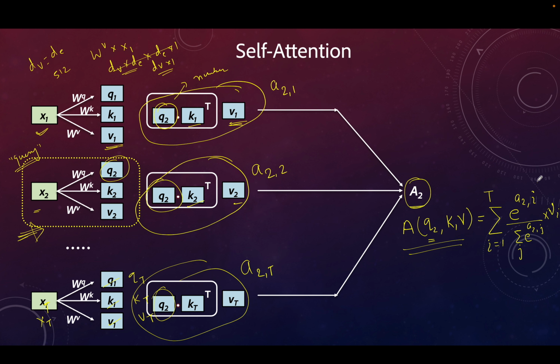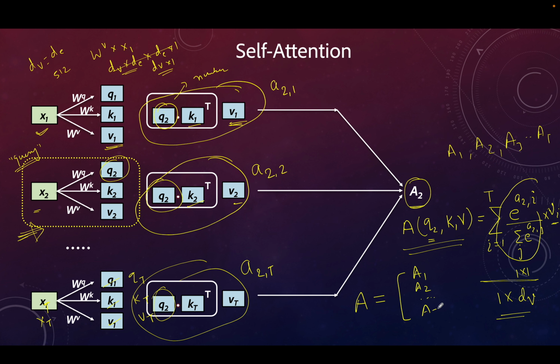So this term will be 1 cross 1, and then we multiply by vi. So this whole term will have 1 cross dv dimension. So this A2 is 1 cross dv. Similarly, we calculate A1, A2, A3 all the way up to AT, and then we write them together in a single matrix called A. So A will have A1, A2 all the way up to AT.